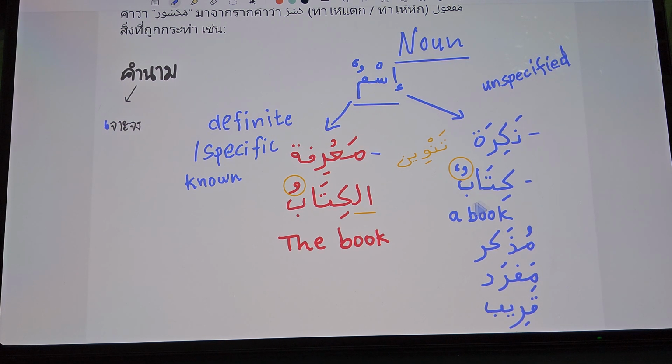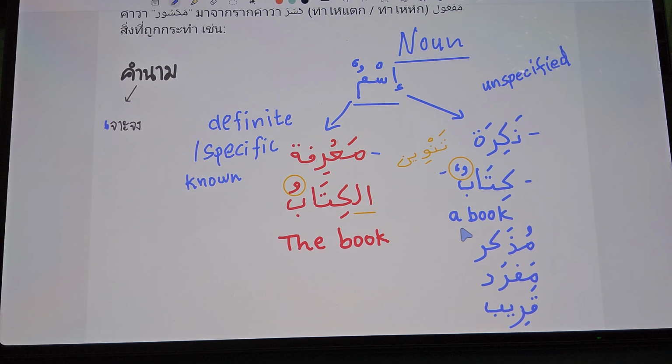An example of nakira comes in the form of dammatain. You can see the yellow circle here. That's not every time, but let's go through it roughly. When you have dammatain, it is called nakira. It is a noun which is unspecified.